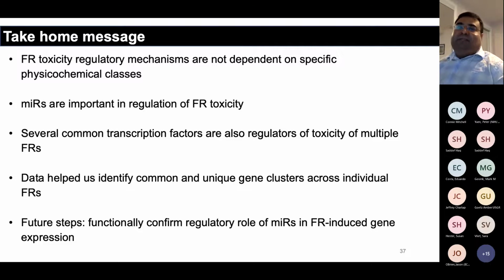We showed that there are several common transcription factors that are also regulators of toxicity of multiple different flame retardants. Overall, the data helped us to identify common and unique gene clusters across individual flame retardants, but we show that it's still challenging to cluster flame retardants based on their genetic signatures and their chemical classes.